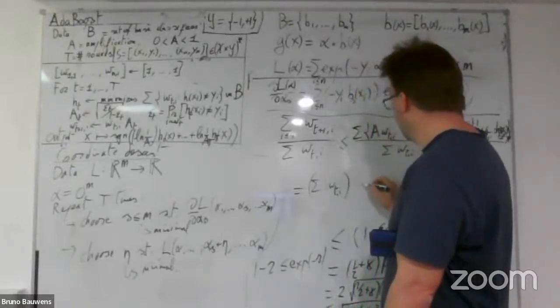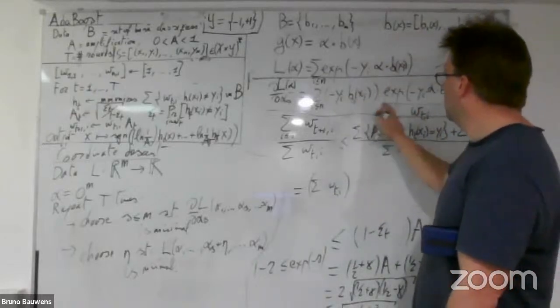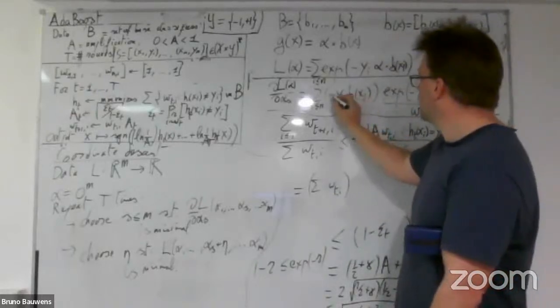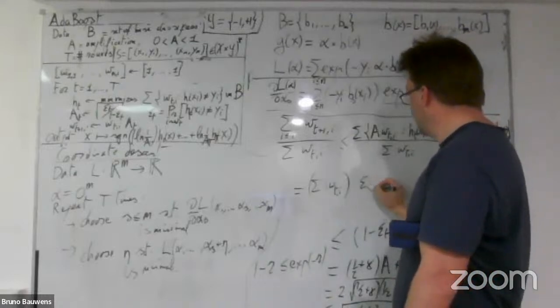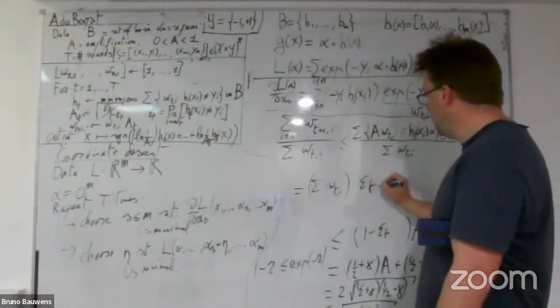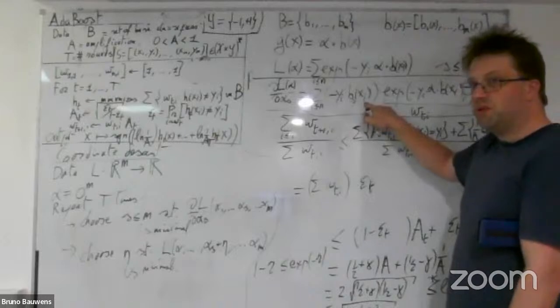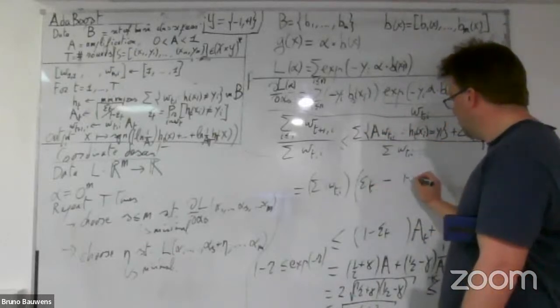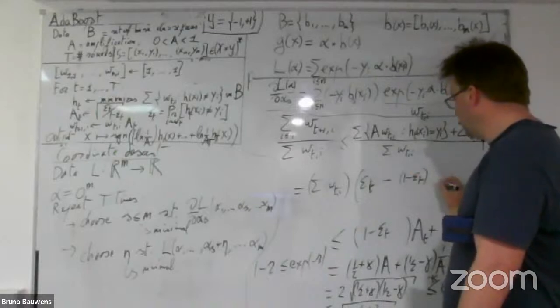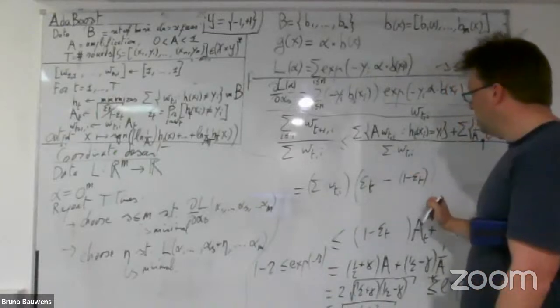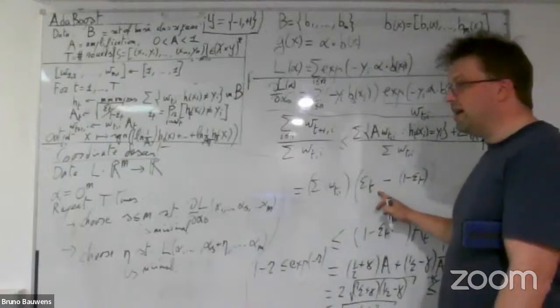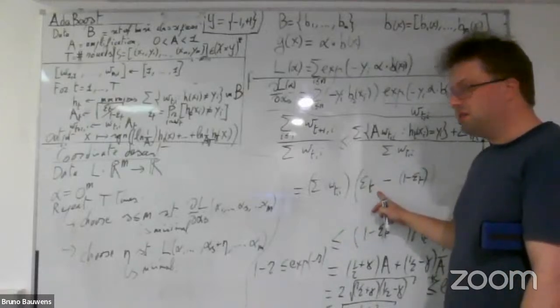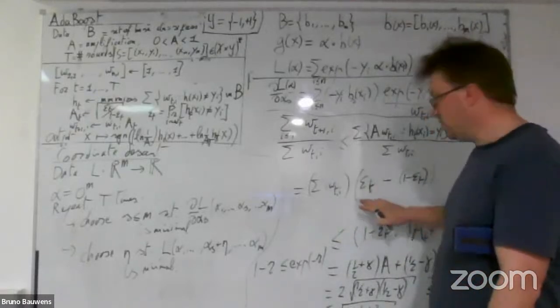So it is equal to the sum of all weights on the previous round. So it is epsilon t, the fraction of points that are right, minus 1 minus epsilon t. Here, I mean the error for classifier s. I should use another notation for it.